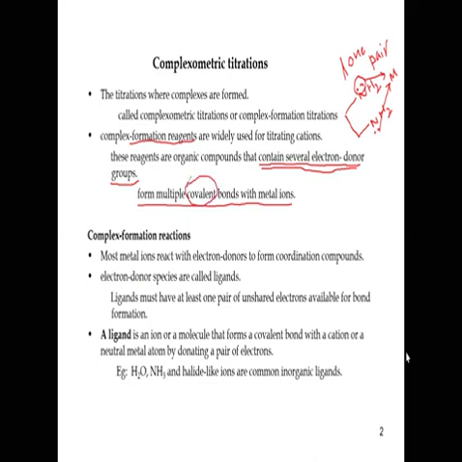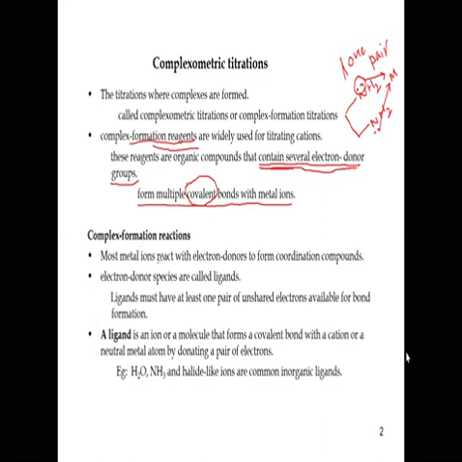That means 2 electrons are shared. But the important thing is both the electrons come from the reagent, the complex formation reagent, right? Then the complex formation reactions, right?